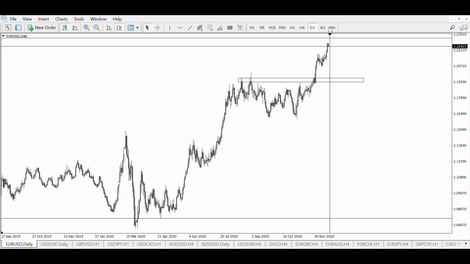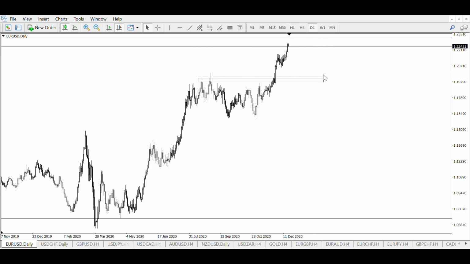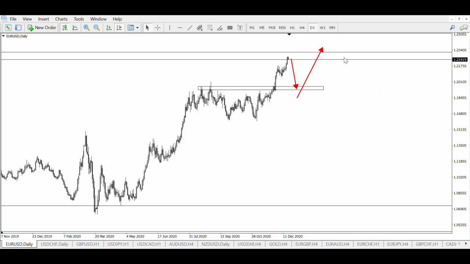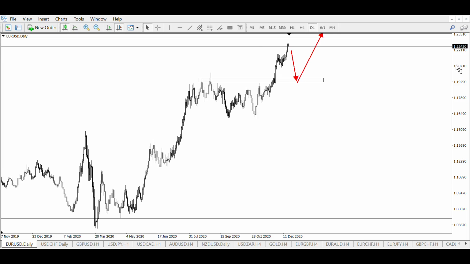So for me, I wouldn't say that is not enough, but there's just two little things here that make me believe that when price comes here, it will actually do what I want it to and move up further into this level, right? So let me just get these lines away.